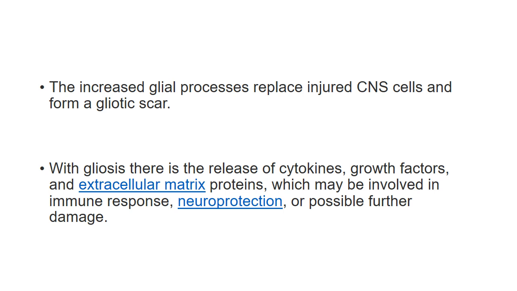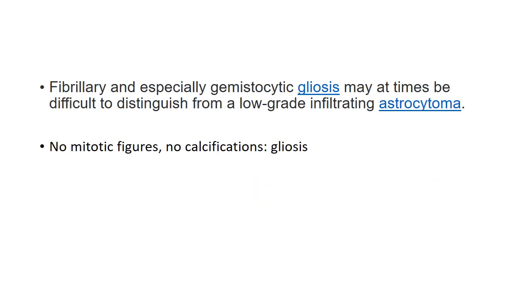With gliosis, there is release of cytokines and growth factors and also extracellular proteins which may be involved in immune response, neuroprotection, or for that matter, possible further damage. Fibrillary and especially the gemistocytic gliosis may at times be difficult to distinguish from low-grade infiltrating astrocytomas, which are often associated with gemistocytes.